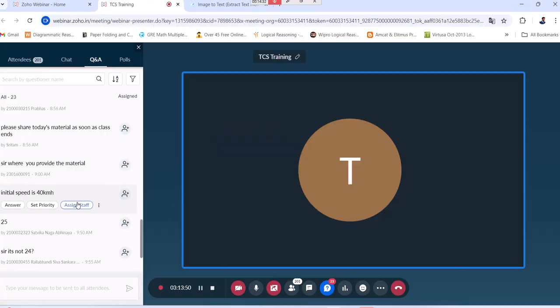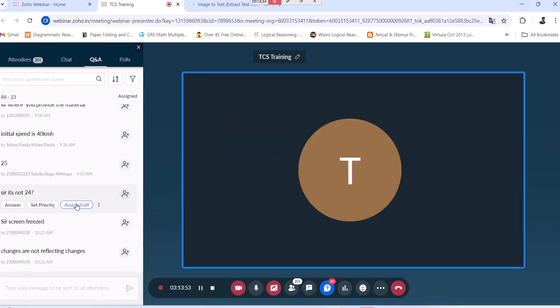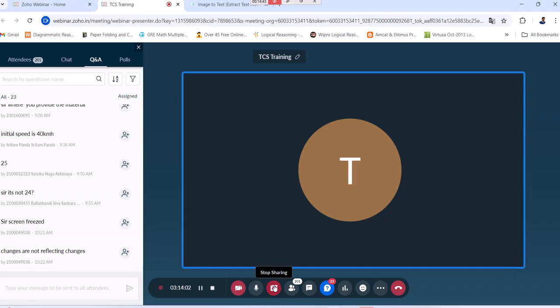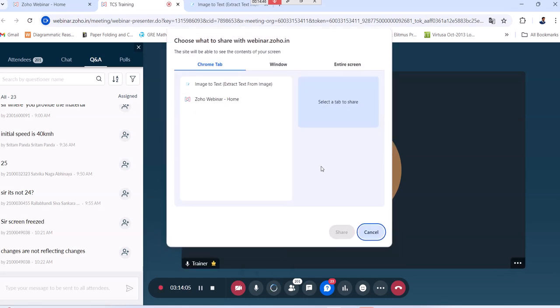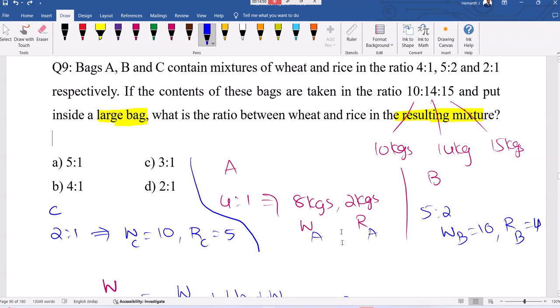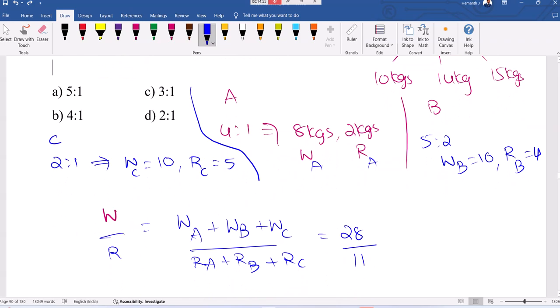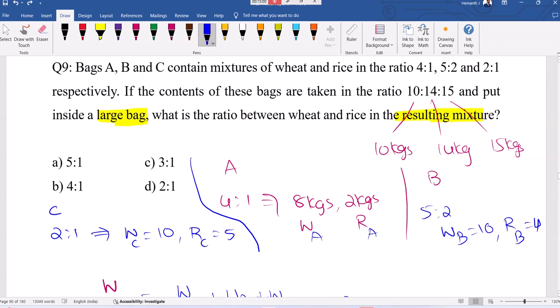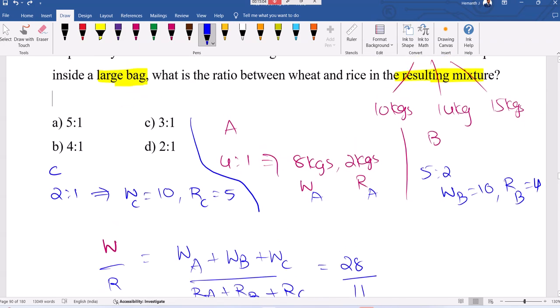When you take out also, they given fine. Is that fine now? Okay. So you take, and this is actually the correct one. So 28 divided by 11.